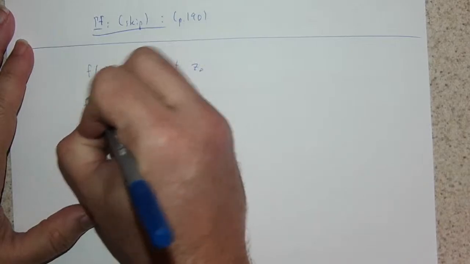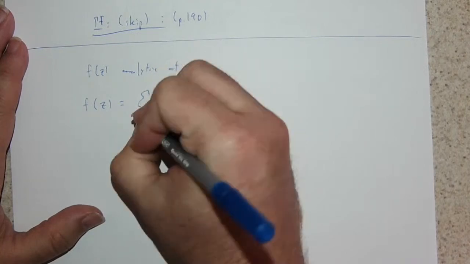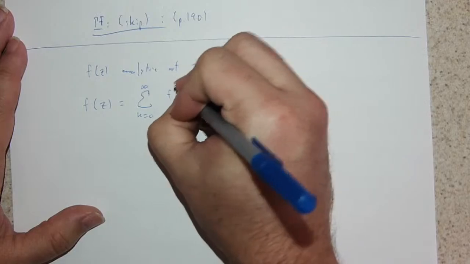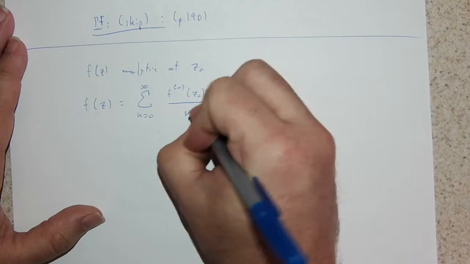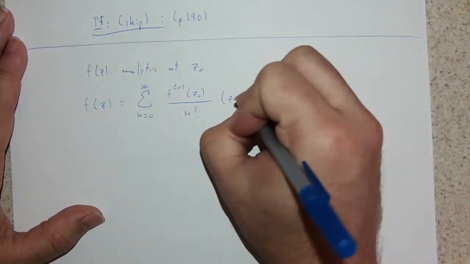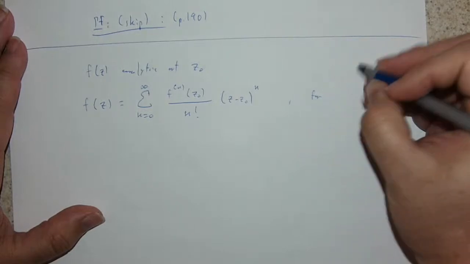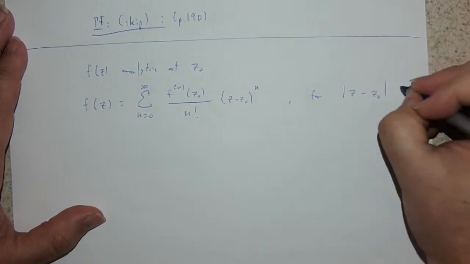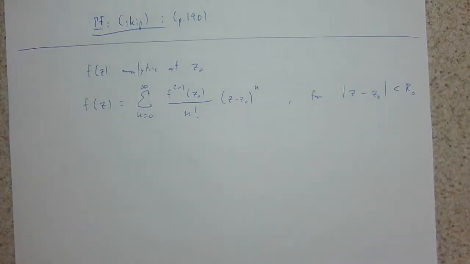So it is equal to the sum from n equals 0 to infinity of the nth derivative of f at z0 over n factorial times z minus z0 to the n, right? And this is for z belonging to this ball, centered at z0.